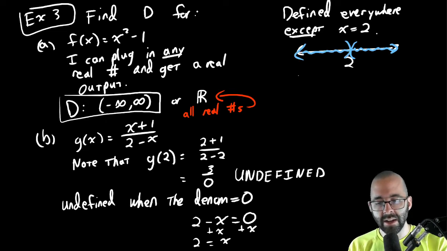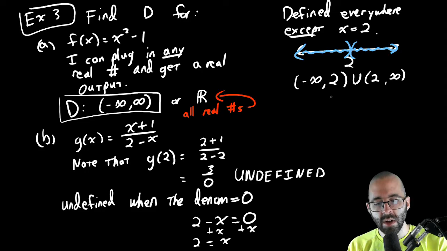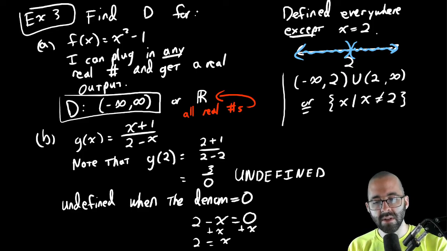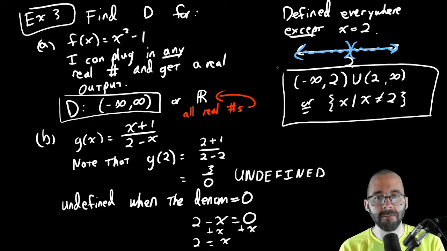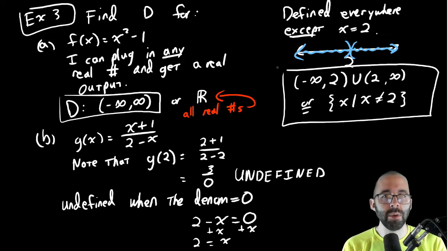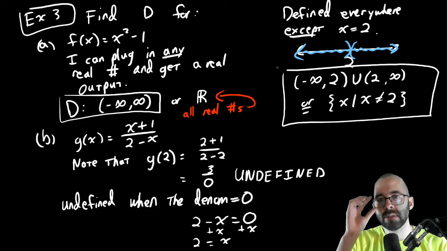Now we can either write that in interval notation, negative infinity to 2, union 2 to infinity, or set builder notation: the set of all x such that x is not equal to 2. These are the only two acceptable ways of writing your answer here for full credit. All right, we will be using this notation.